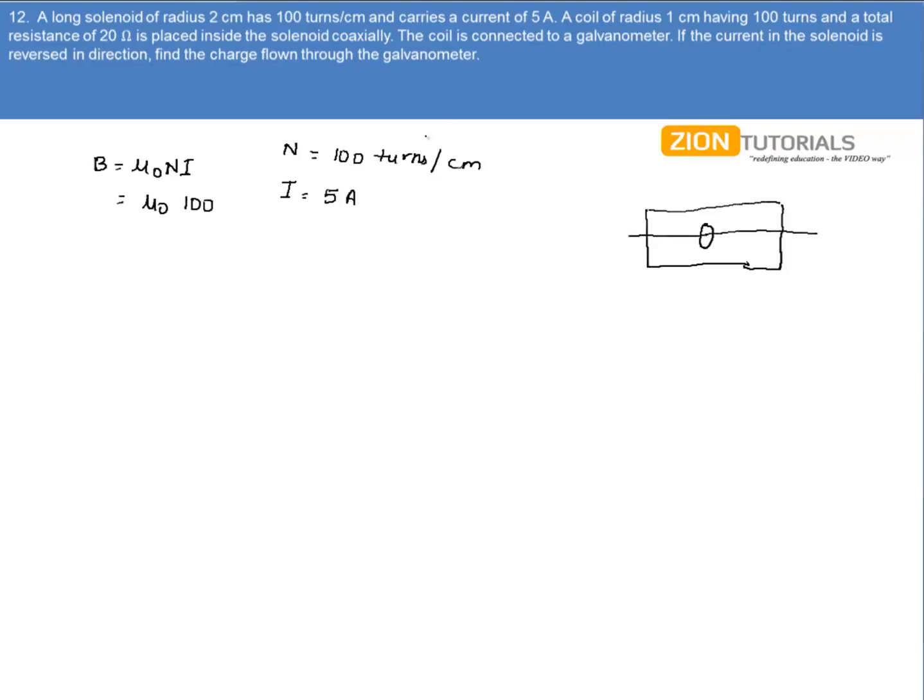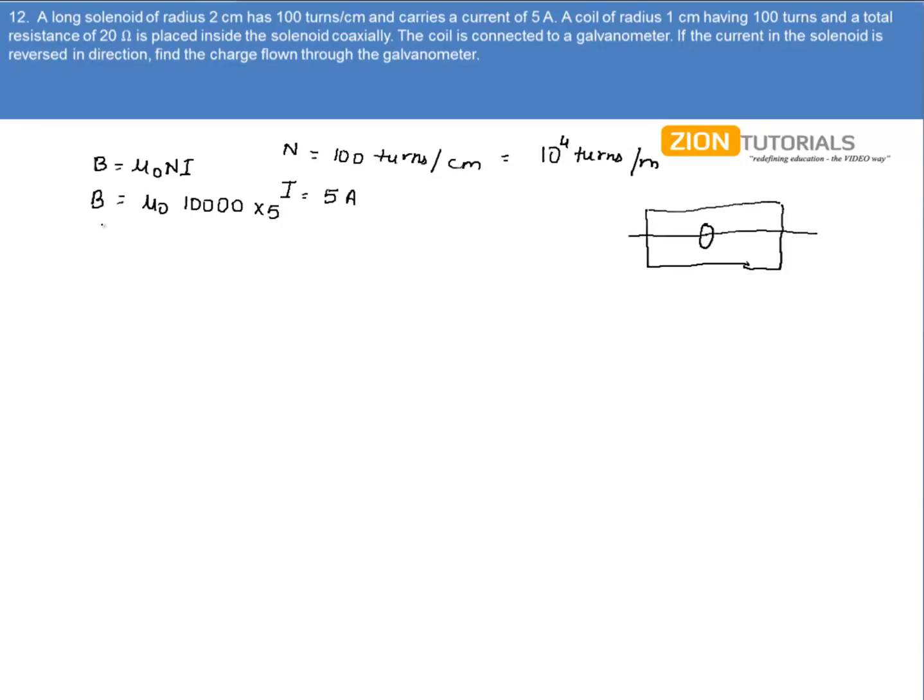Now this n is per centimeter, we have to convert it into per meter so that every unit is in SI. So we'll multiply it by 100, we get 10 to the power 4 turns per meter. So n is this, into current, that is 5. This is the magnetic field at the center or at the axis of the solenoid.